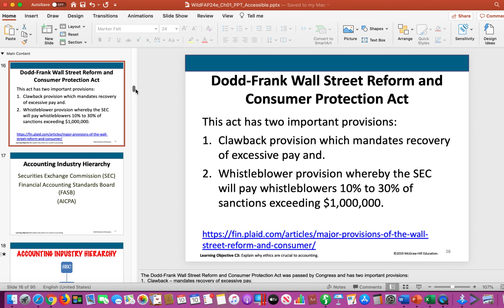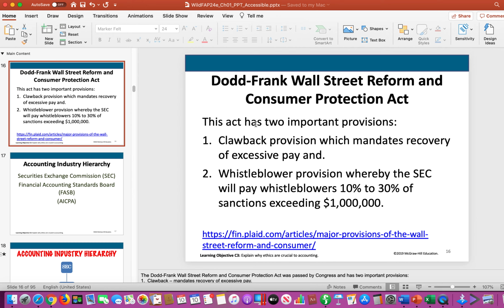After the Great Recession of 2008-2009, Congress passed a law called the Dodd-Frank Wall Street Reform and Consumer Protection Act to protect US consumers from what the banks did to help bring on the recession.